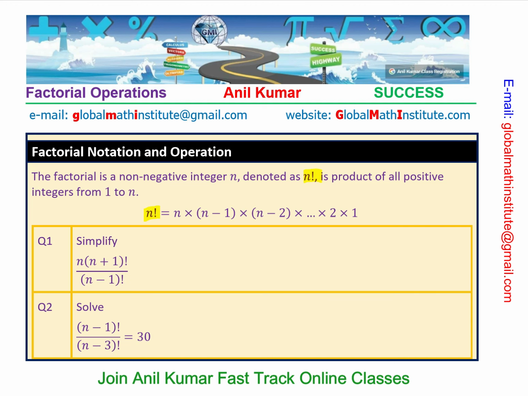So if you read from the right side, 1 times 2 times 3 times 4 up to n, right? There is an advantage of writing it in the form given here, which is n times n minus 1 times n minus 2 and so on, where we're decreasing the number n by 1 each time.